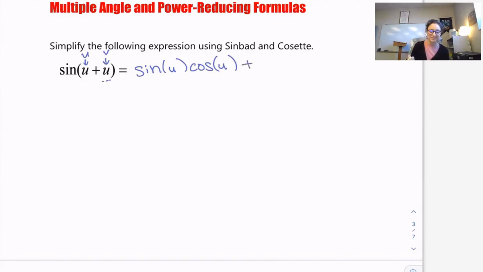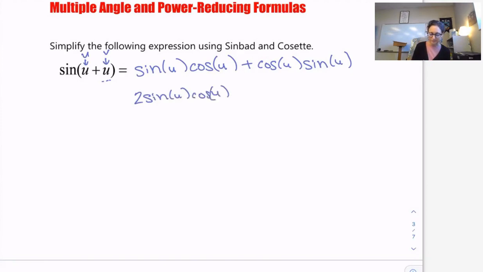Sinbad's driving, so signs are the same. And then Sinbad's brother and Cosette's sister are both in the back seat, right? So notice I have sine of u, cosine of u, plus another sine of u, cosine of u. So essentially I've got 2 sine of u times cosine of u.